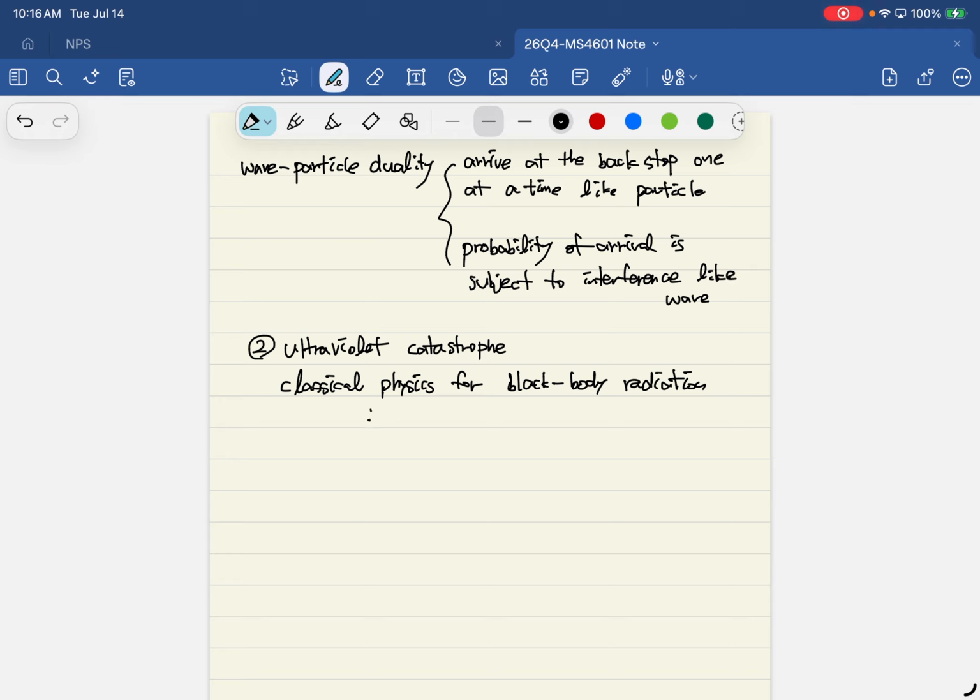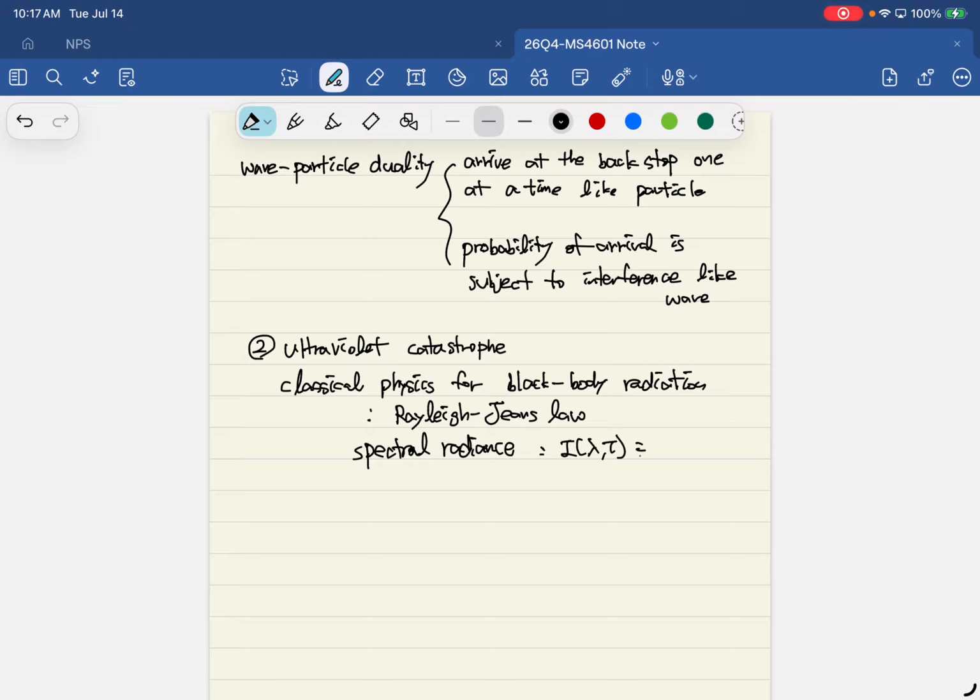But for classical physics for black body radiation, back then people believed that this was the most accurate description, the Rayleigh-Jeans law. And following this Rayleigh-Jeans law, the spectral intensity or radiance is given by this expression.